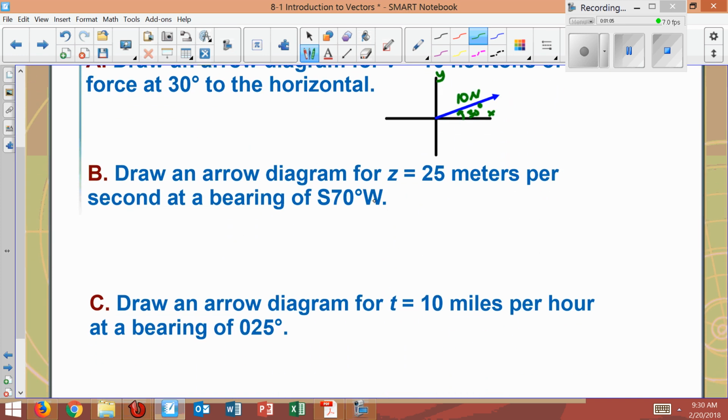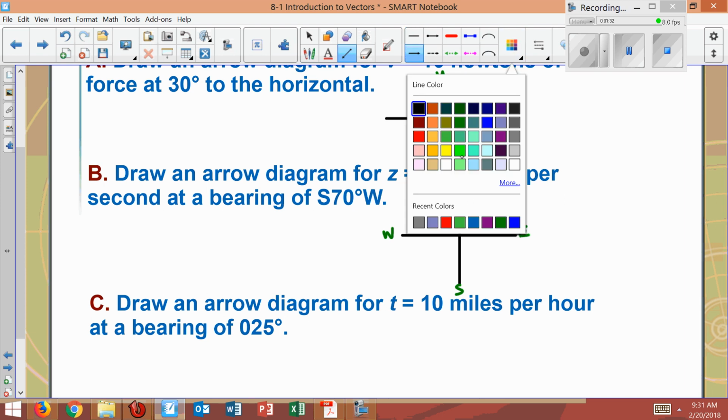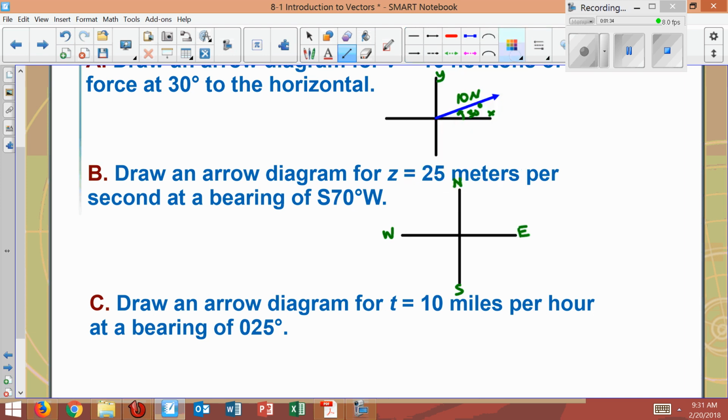Part B, draw an arrow diagram for Z being 25 meters per second and a bearing of south 70 degrees west. So again, I'm going to draw the normal XY coordinate grid, but instead of labeling it XY, I'm going to label it the way they say to label it, which is using the north, east, south, west system. It says south 70 degrees west. So when I draw my vector here, now a vector should always look like an arrow.